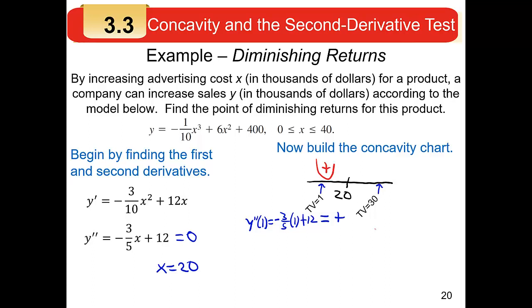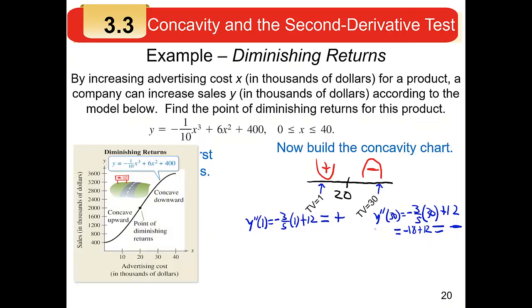That means it's concave up. That's what we're looking for. If you take a test value to the right of 20, you could use 21, but why not just use 30? It'll be easier because of the 0 on the end. You'll end up with a negative number, which is concave down. That's the behavior that's indicative of a point of diminishing returns: concave up on the left, concave down on the right.